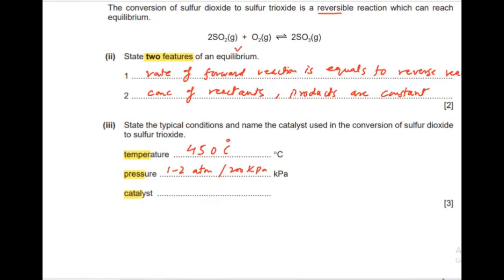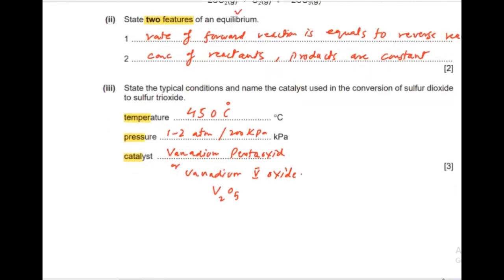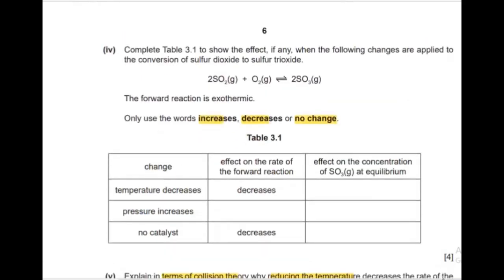And the catalyst is vanadium pentoxide, or vanadium(V) oxide. 5 is the oxidation state of vanadium, and the formula is V2O5. So these are the specific conditions used to get sulfur trioxide, which is then used to get sulfuric acid in the chemical industry.